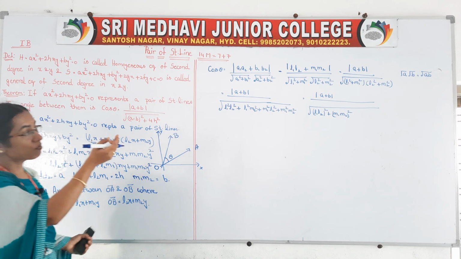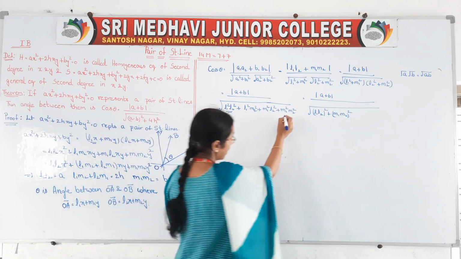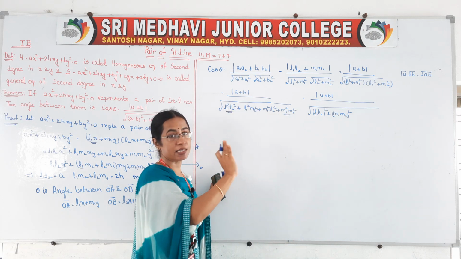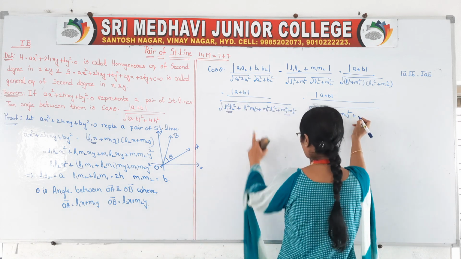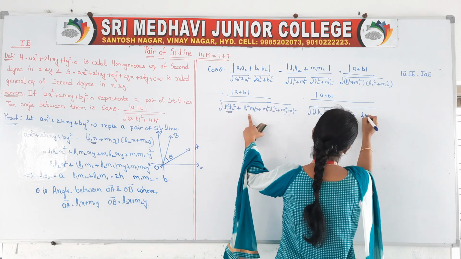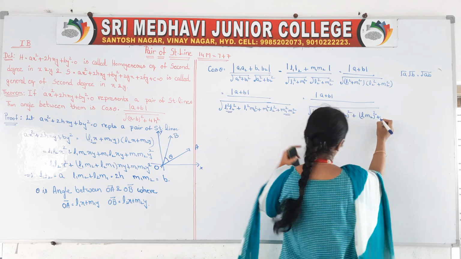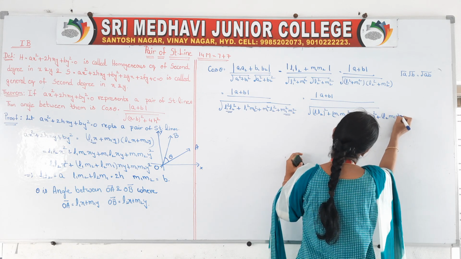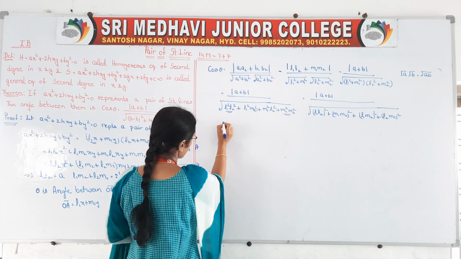For that sake, first I have taken this, it is the first term only, then I have taken this one. Plus is there, we can change the places according to the situation. Next, what is the next value? L1 M2 whole square, and next it is L2 M1 whole square. So now slowly try to get your answer.